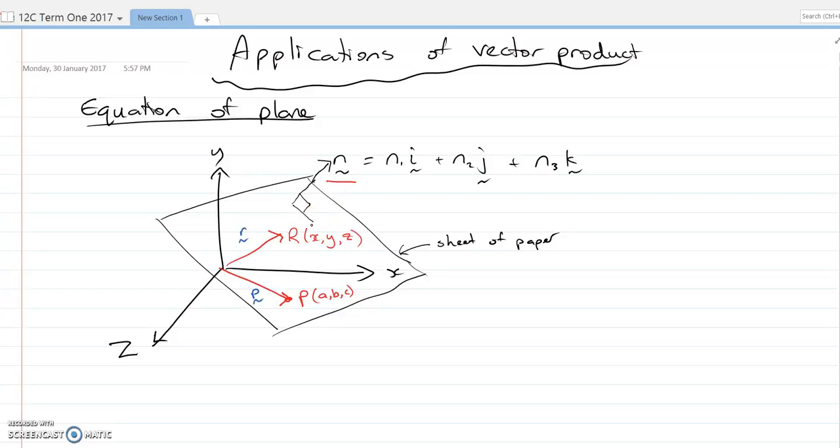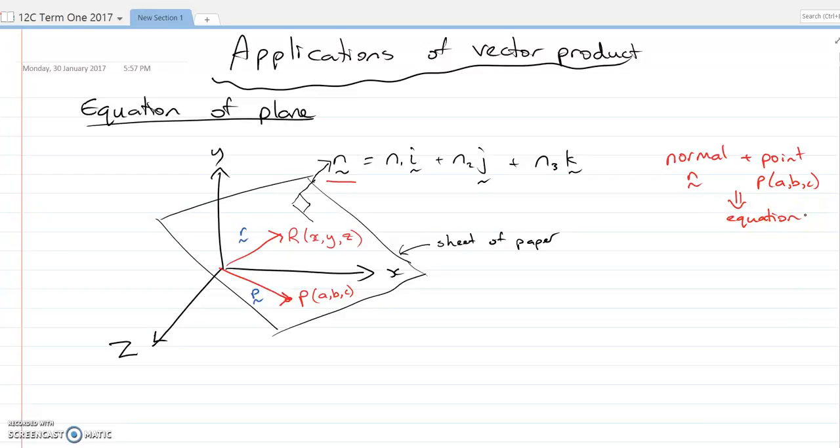So really, if we know a normal plus a point, so this is our n vector, and a point somewhere, in this example our point a, b, c is our fixed point, this is enough information to find the equation.